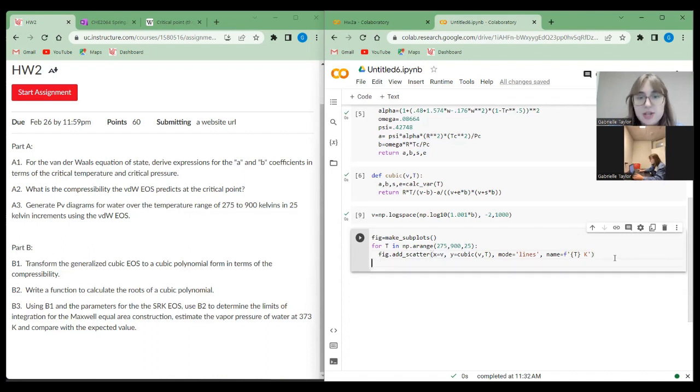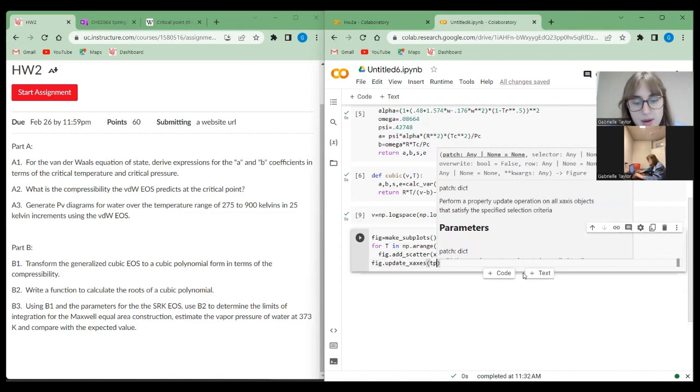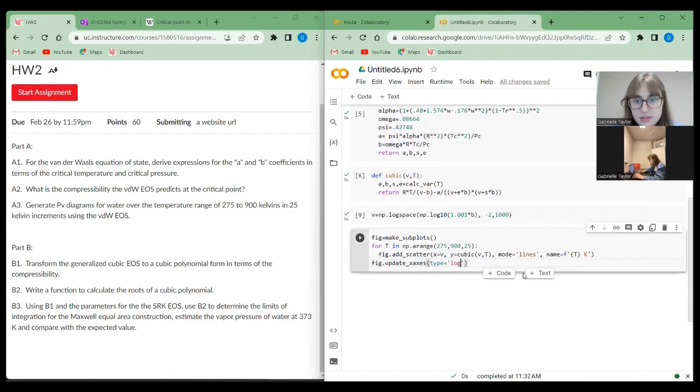So after we have this, let's think about what we need to update on our graph. We put V in a log because our graph is going to be log, so we have to update our x-axis to be log. Let's first do figure update x-axis, and type log. Now our x-axis is in log.